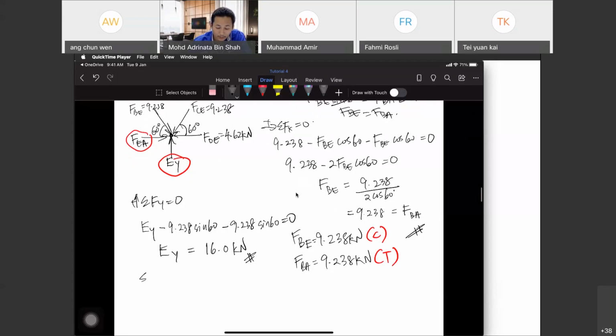And Fx equals to 0. So we have FEA plus FBE cosine 60 minus 4.62 kilonewton minus FCE cosine 60 degree equals to 0.